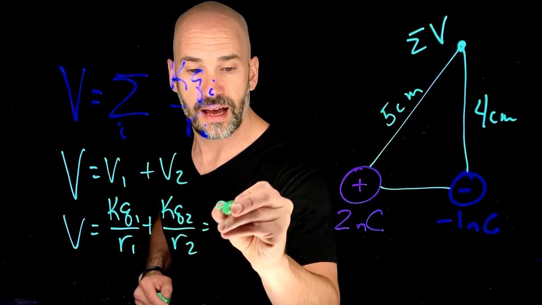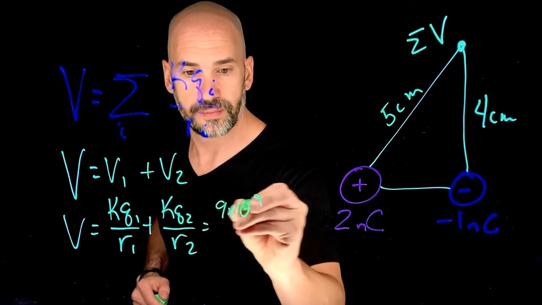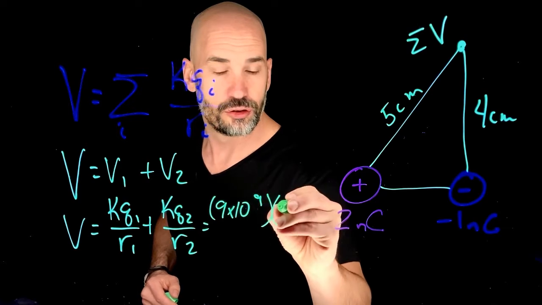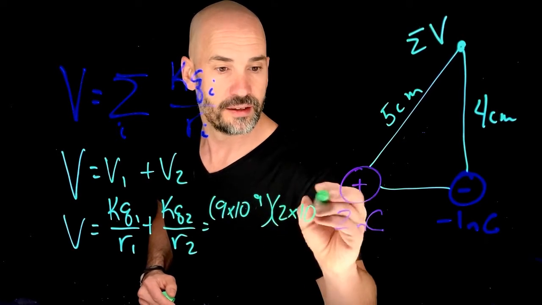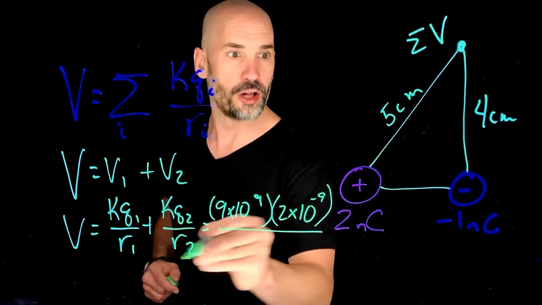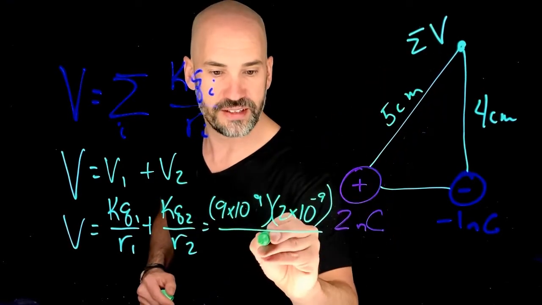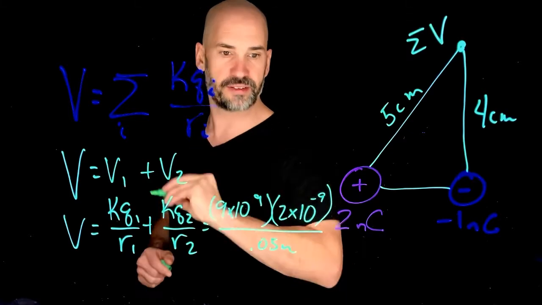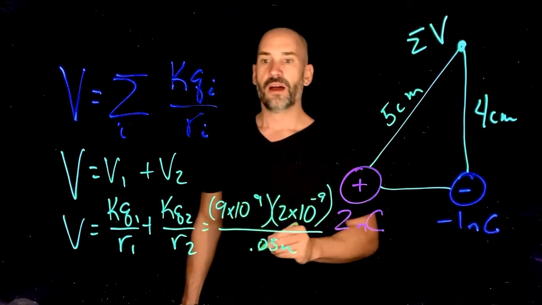All right, and so now we can just put this in, right? So we have 9 times 10 to the 9 times 2 times 10 to the minus 9 coulombs, all over 5 centimeters, that's 0.05 meters. Let's keep the SI units. All right?